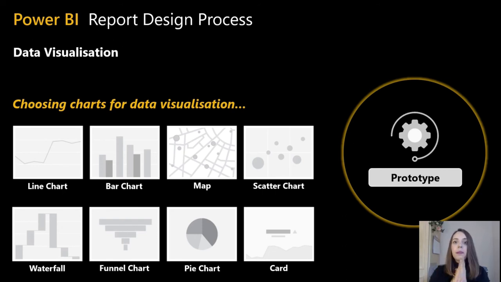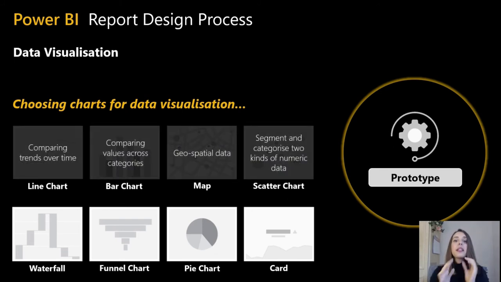There are multiple types of visualizations you can use in Power BI. You have line charts, bar charts, cards, pie charts, even though I don't like them, tables, and so on. But the most important thing here is to go back to that discovery phase, if you remember it, and think about the purpose of this report, the purpose of each page, and what questions and insights the users need to get from the visualizations that you are going to display in your reports.